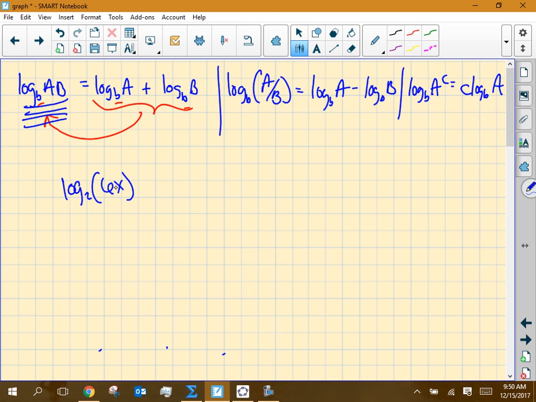So I figure out what my factors are, and I rewrite this as log base 2 of one of those factors, plus log base 2 of the other factor. Okay, so that expansion is a question that they'll often ask us to do.